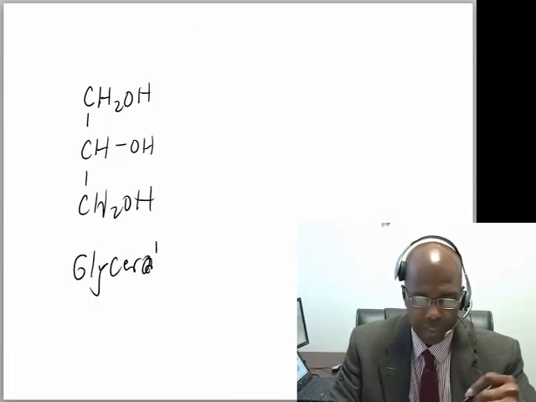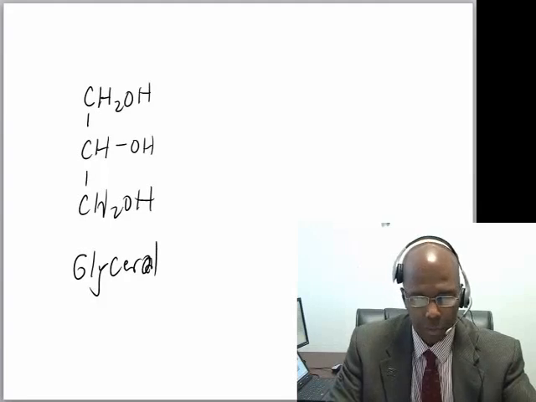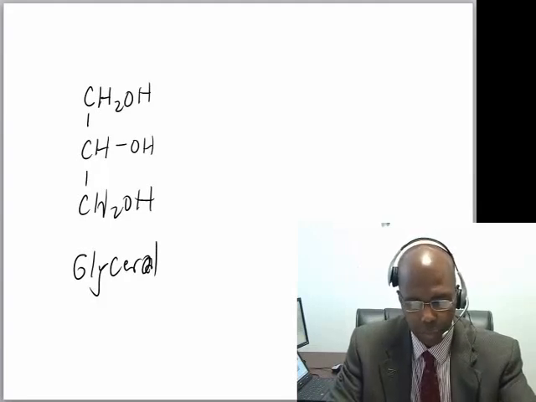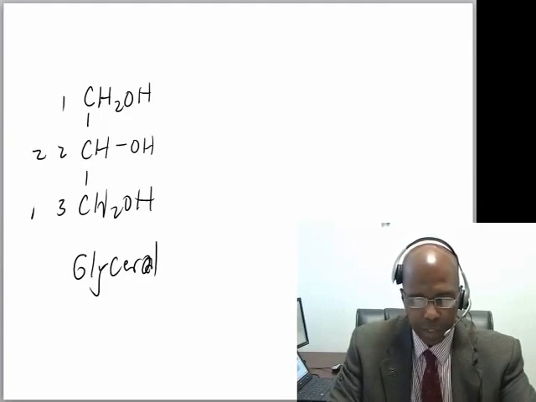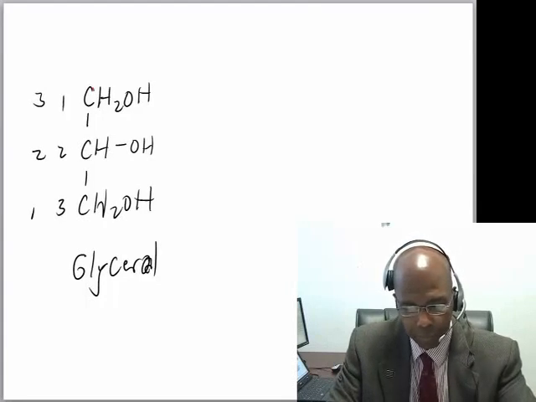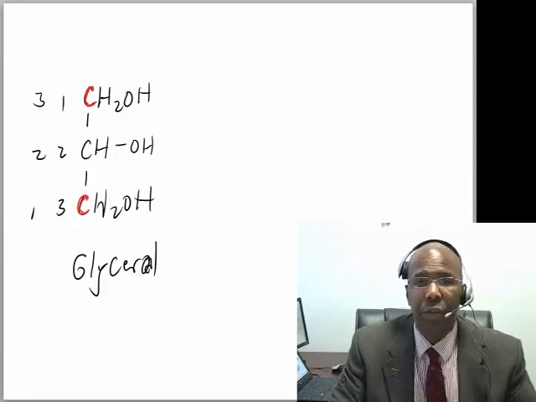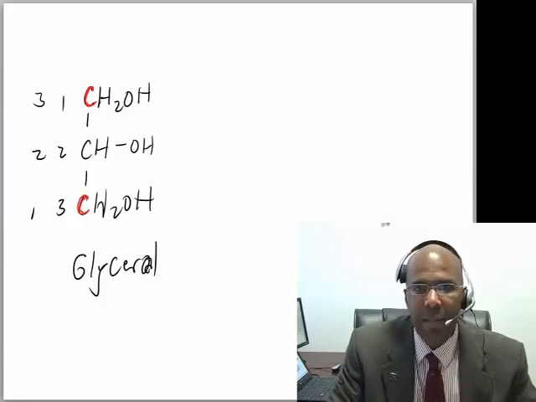And glycerol is achiral, so you could number it 1, 2, 3, or you could number it 3, 2, 1. And because these two, I'll make them red, these two terminal carbons are identical, seemingly. They appear to be identical.